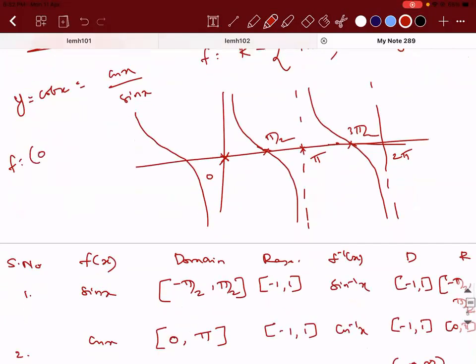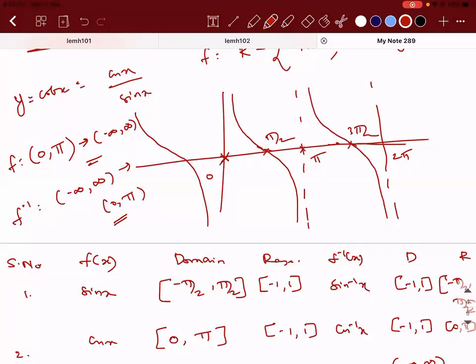So f is mapped from 0 to pi, but with an open interval, because you cannot take those values which lead to minus infinity to infinity. So what will be the value of f inverse? Minus infinity to infinity maps to 0 to pi. It means you can substitute any value between minus infinity to infinity and you will get values in the open interval 0 to pi.